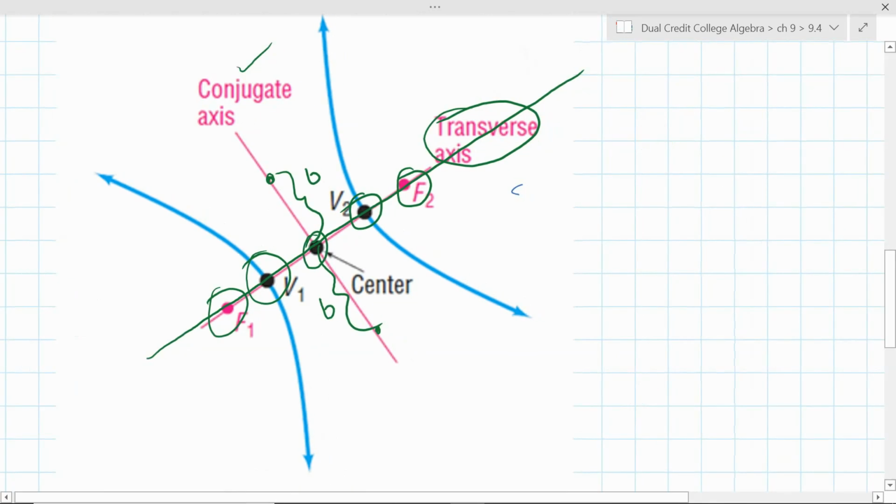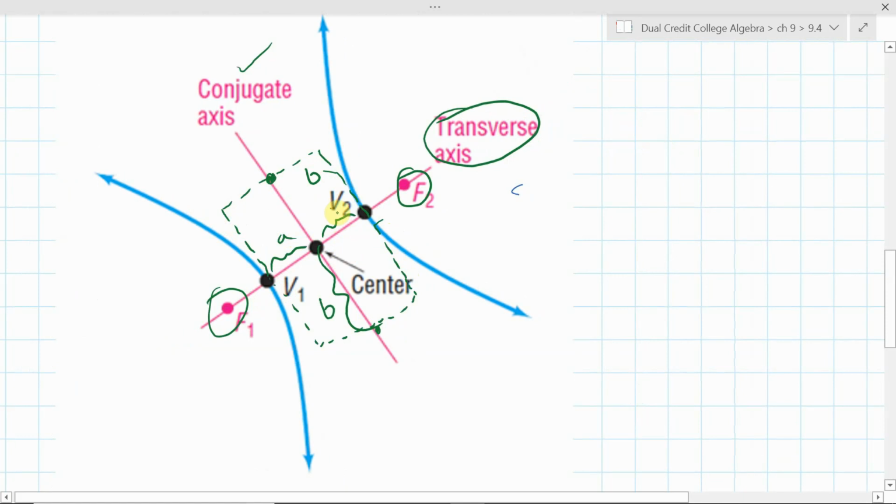If we would connect a box between the vertices and these points B that are on this conjugate axis, this perpendicular axis, so if I make a box connecting them, now this is almost the work you would have done if you were making an ellipse, right? You would go left A, right A, up B, down B. And we would have tried to sketch in an ellipse in between those pieces.